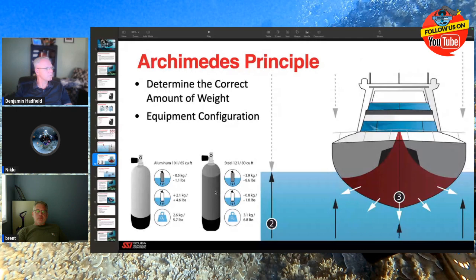Once again, why do you think knowing about Archimedes' principle would help us as a diver? Helps you in your buoyancy. Absolutely. So like the bullet point on this slide says, one of the things that we need to do is determine the correct amount of weight we have. And that partially depends upon the equipment and configuration that we have, right?